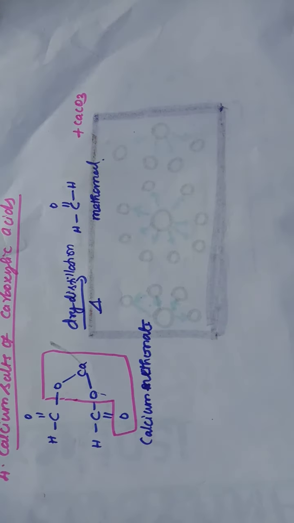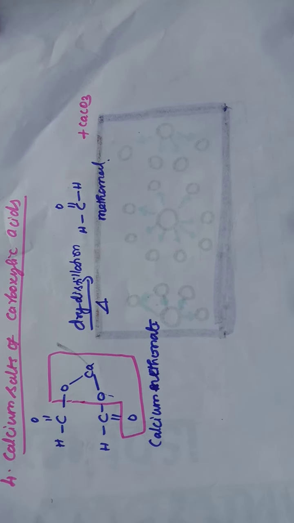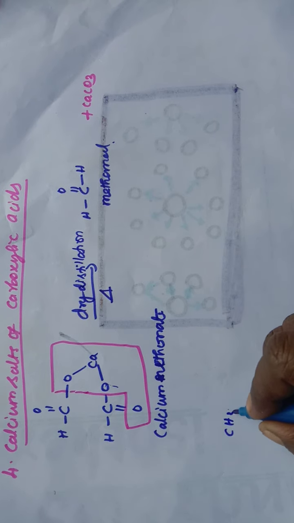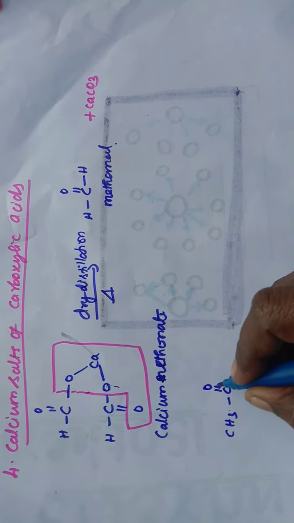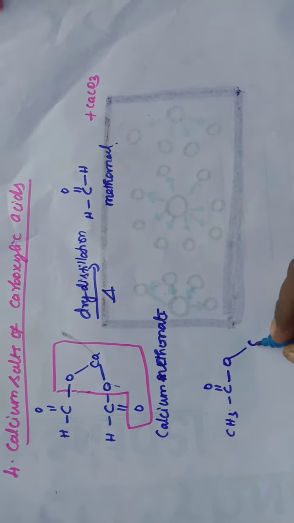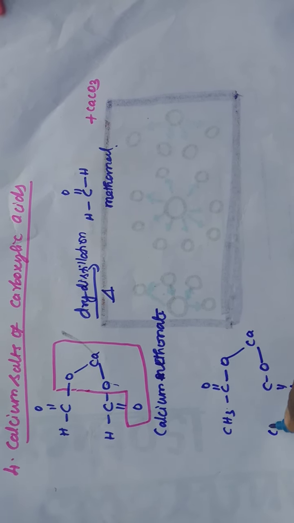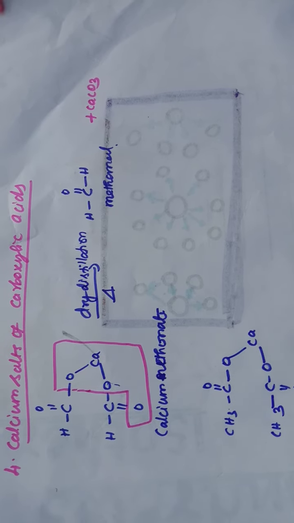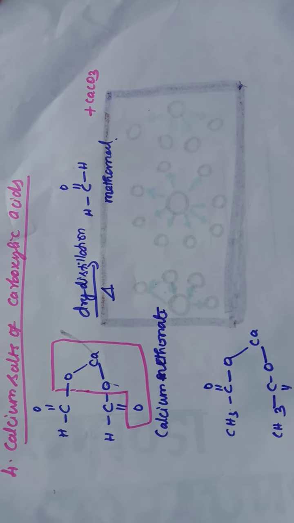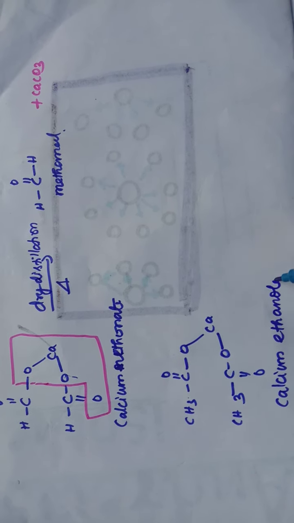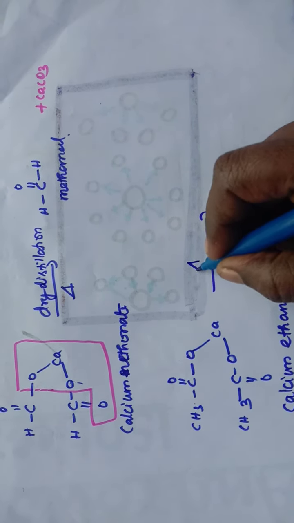One more example, calcium ethanoate, CH3 C double bond O, calcium. This is calcium ethanoate. It undergoes dry distillation.